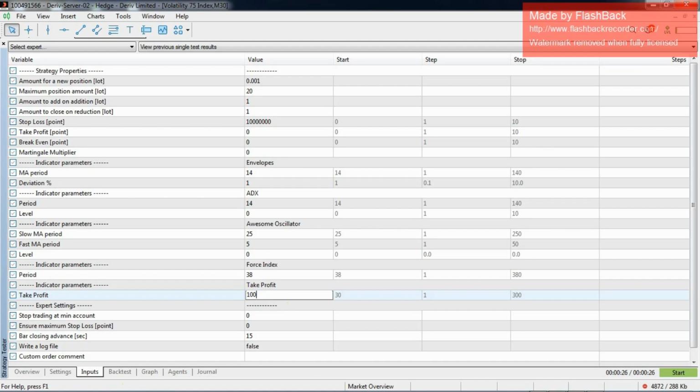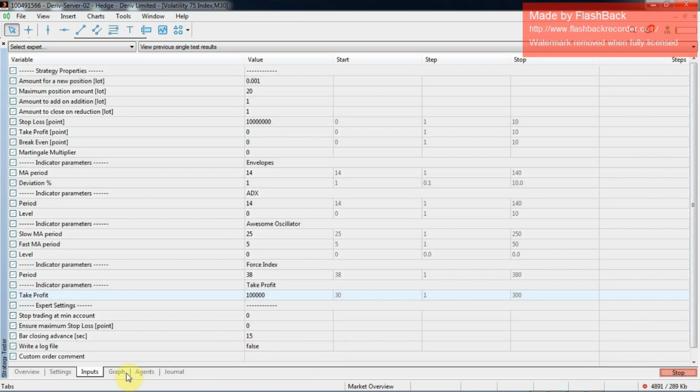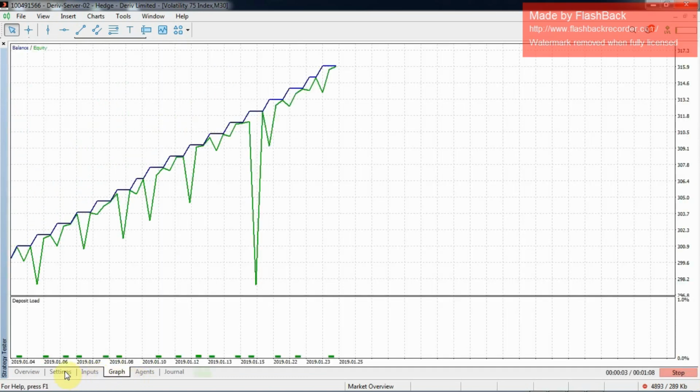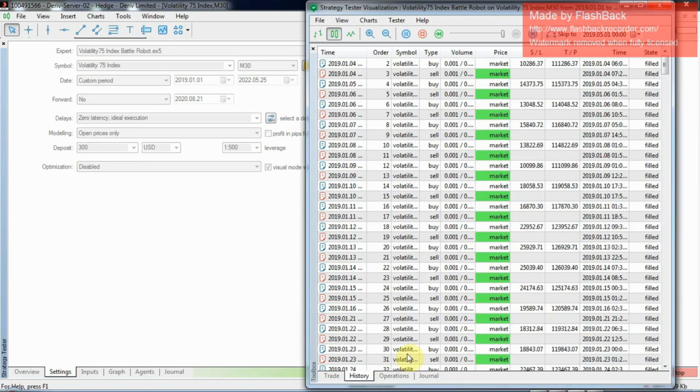I want to explain something that most retail traders don't realize. Most retail traders have very good strategies, but they don't realize this one thing. Just a moment, let me pause the backtest.